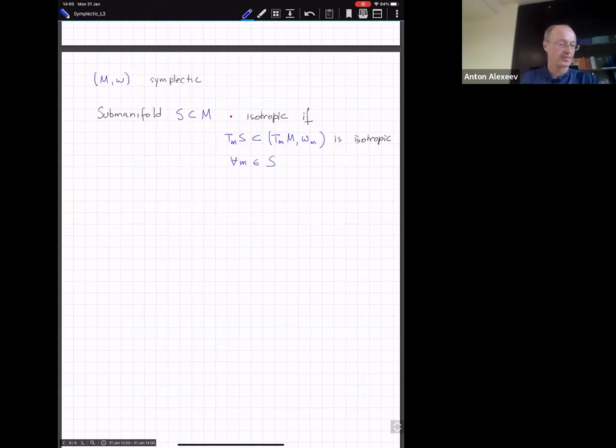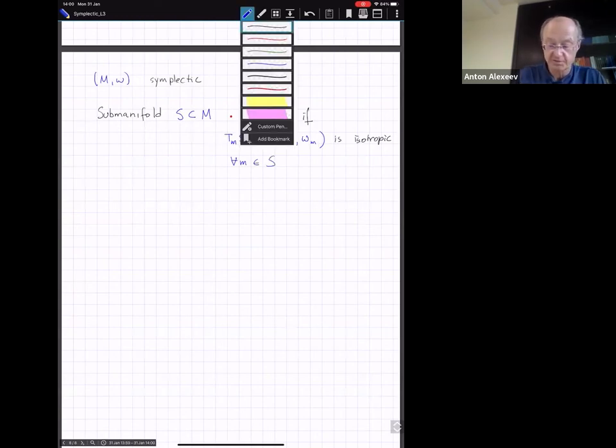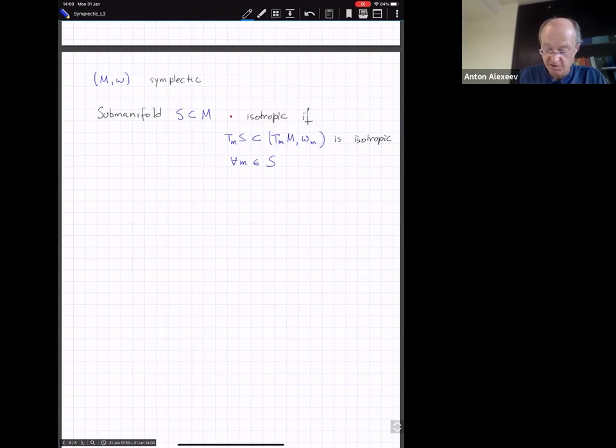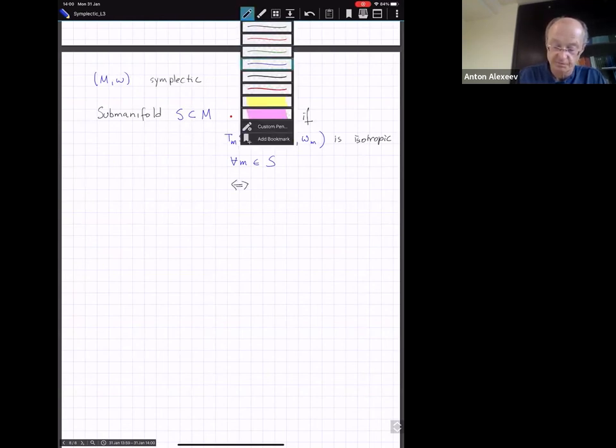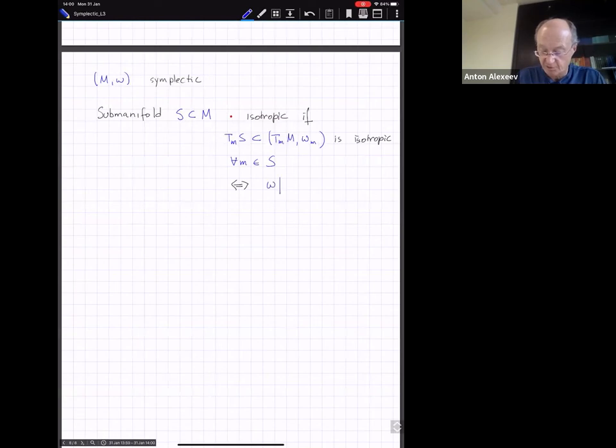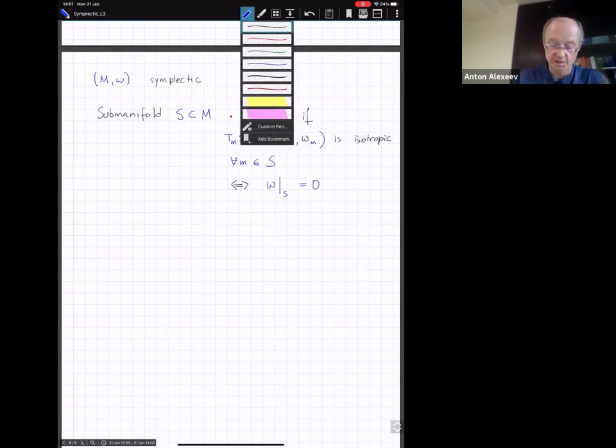in S. In fact, it's easy to see that this is the same as omega restricted to S being 0. Recall that on isotropic subspaces, the two-form vanishes. Now the two-form should vanish at all points, and so the restriction of the two-form to the submanifold is simply 0.